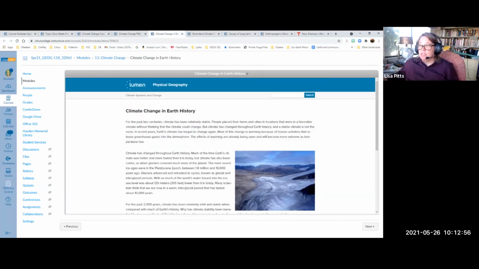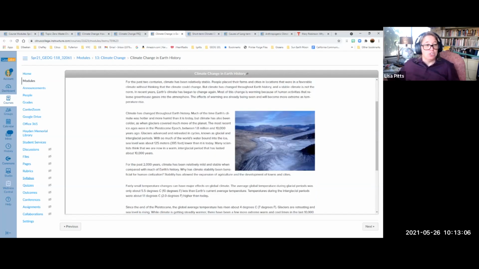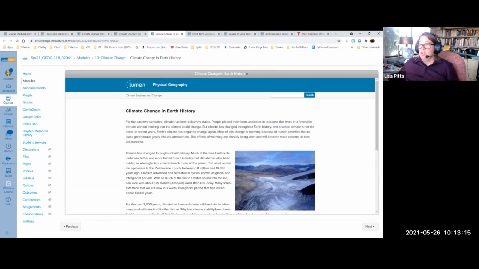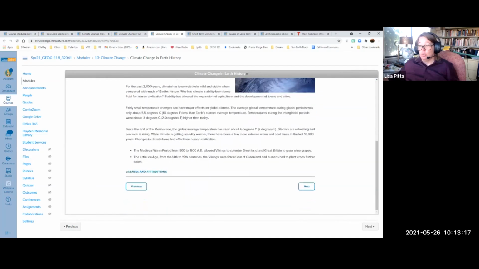The next one is the Lumen Learning one, and you're not clicking next on any of these, so you're just going to read whatever is on that page. This is talking about how the climate has changed over the last 10,000 to 2,000 years. So this is over time. Throughout Earth's history, what have things looked like?